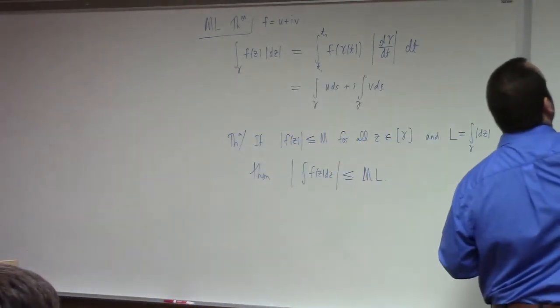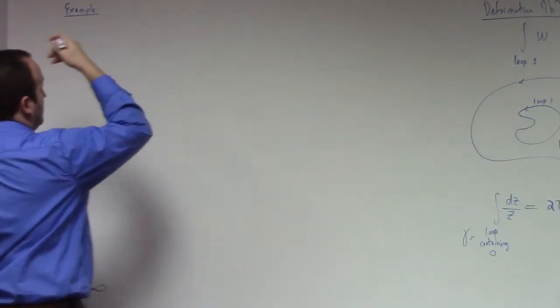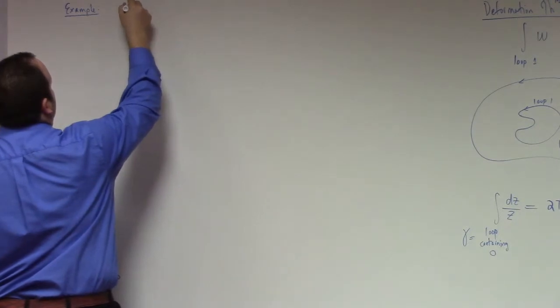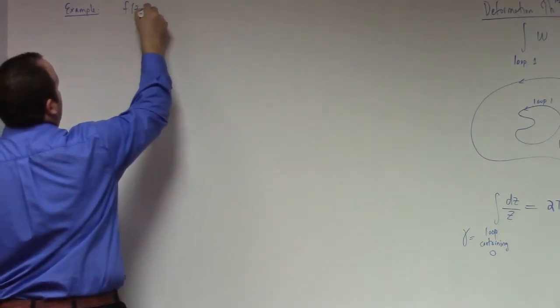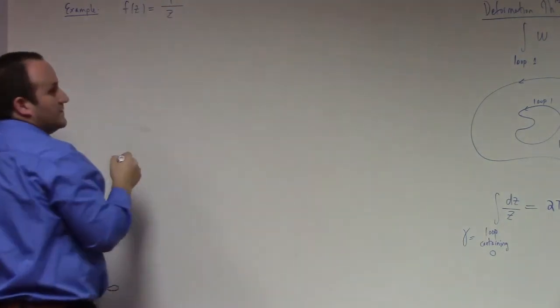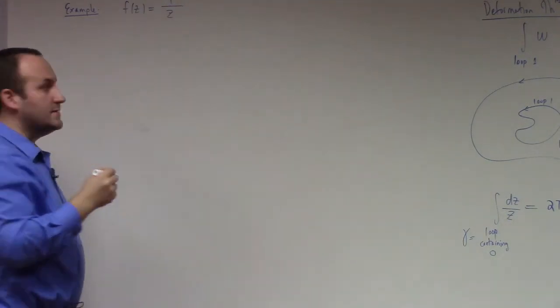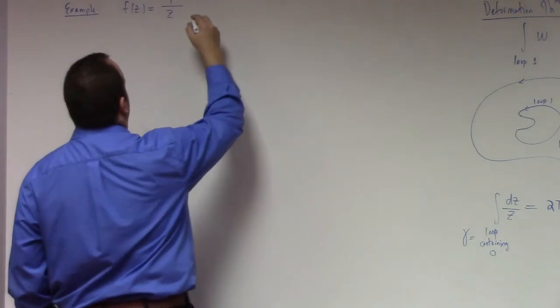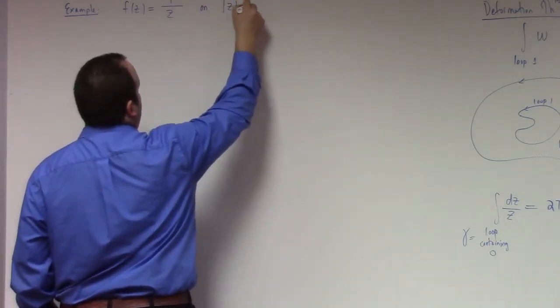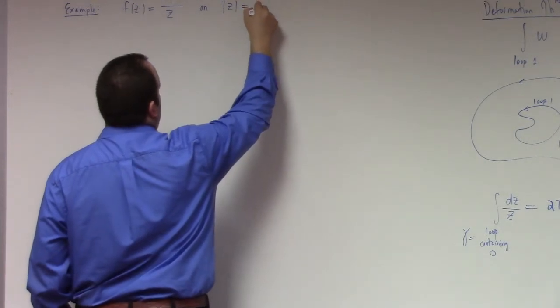An example of this. Let's see here. If you look at f of z equal to 1 over z, what's the modulus? Let's say on the circle, modulus of z equals 1, for example.